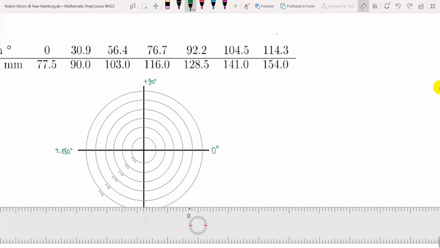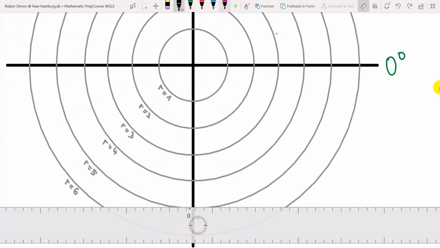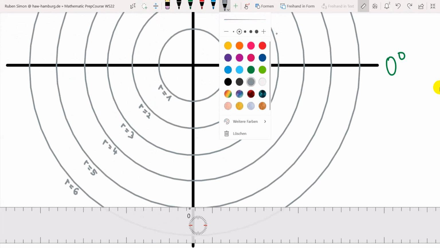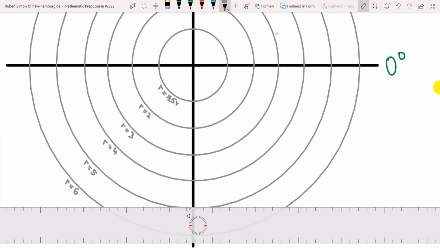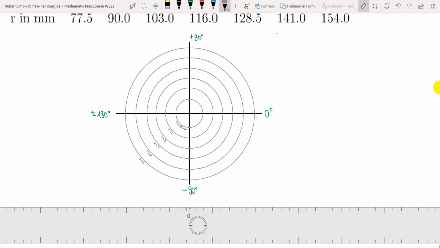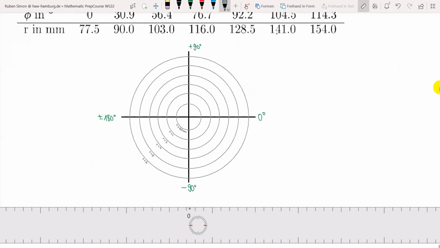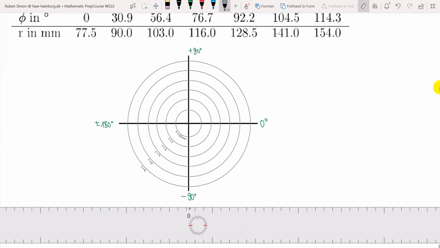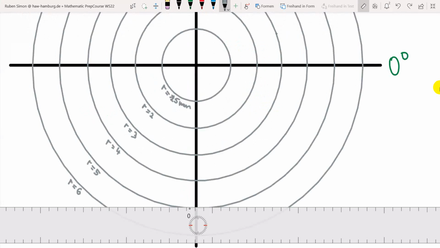So let's say, gray, small. Let's say this is 25 millimeters. Is it millimeters? Yes. So this one is going to be 50.